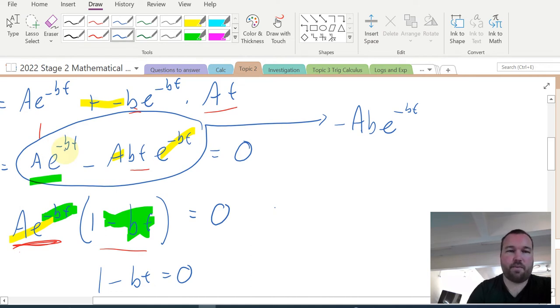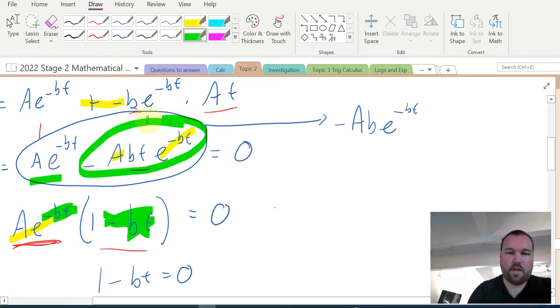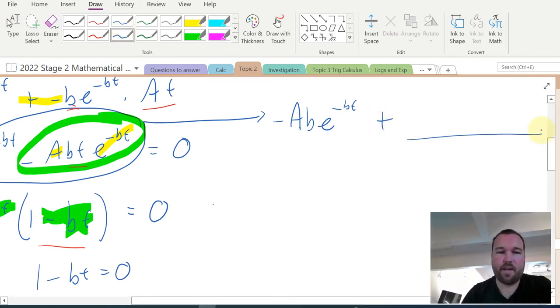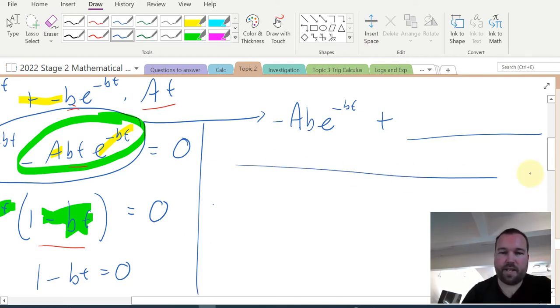Then this next portion is going to be plussed on here. But we have to do a little bit of work to get it. In order to get that, we need to recognize that this is actually two functions again.